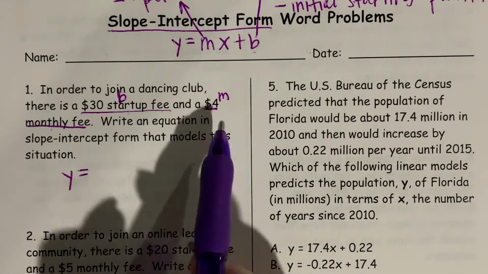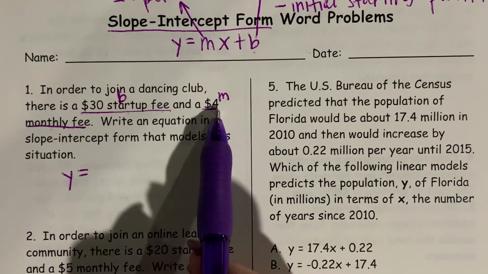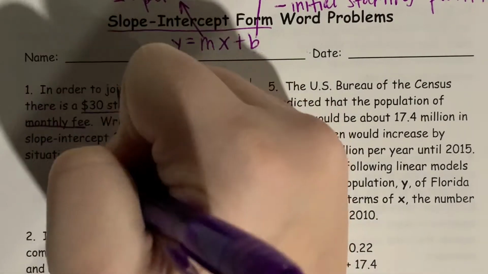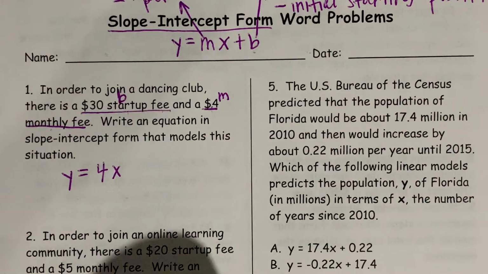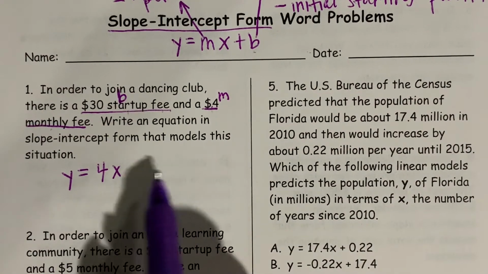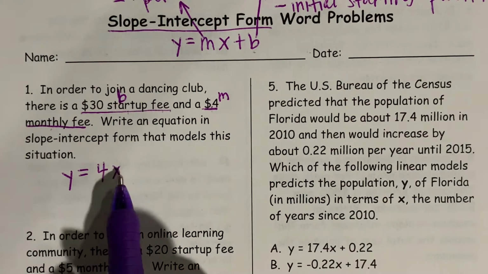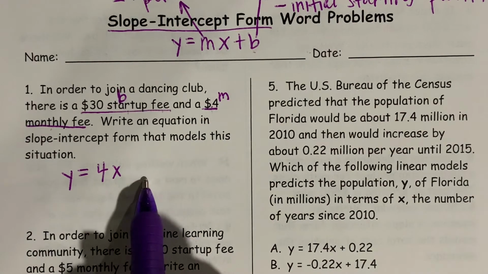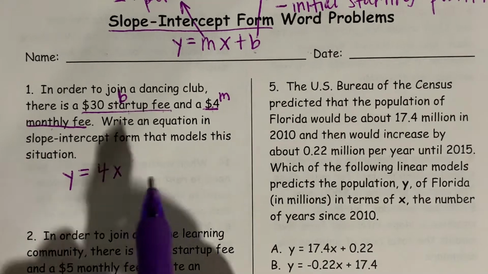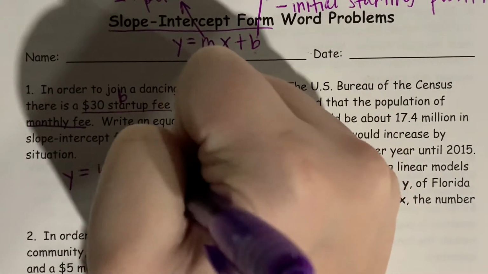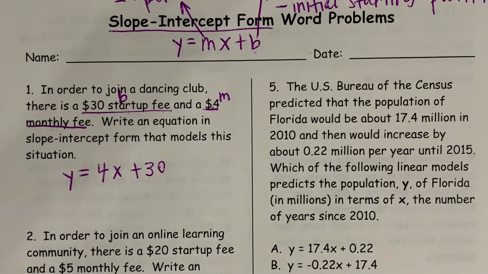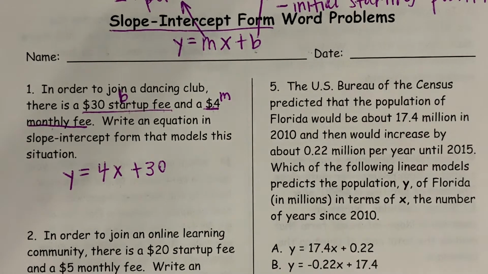And my rate of change, or my slope, is $4 per month. So I could say 4x. And then at the end for my y-intercept, I also have this startup fee. So on top of paying $4 per month, no matter what, to even go to this dancing club, I have to pay the $30 startup fee. So this would be an equation in slope-intercept form that models the situation.